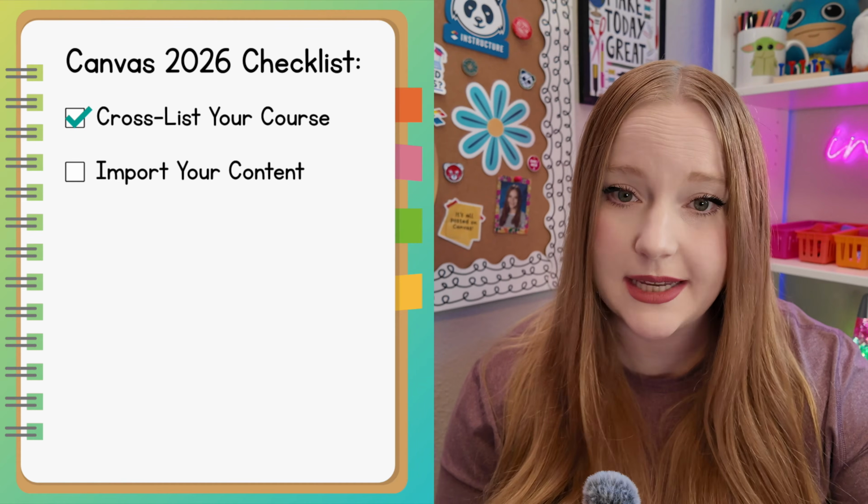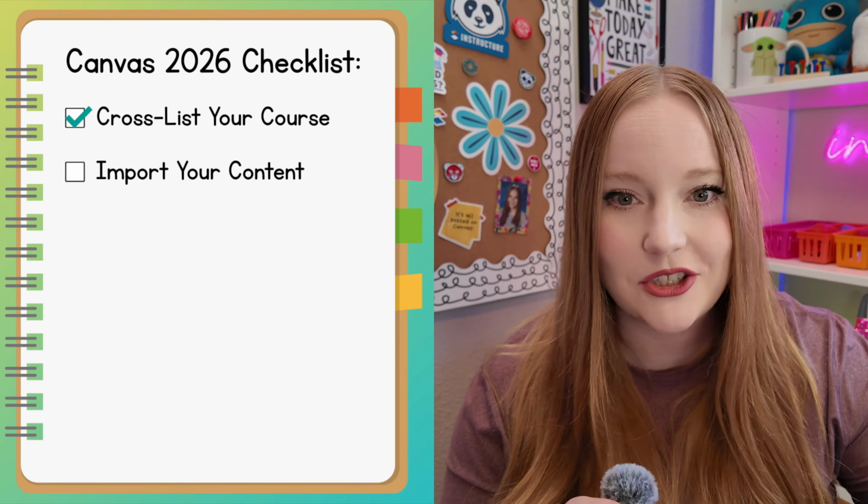All right, so next up we have importing content, which I briefly touched on with cross-listing. After cross-listing, or again, if you're an elementary teacher, this is really your first step: to import your content into your 2026 courses. Now, where are you going to import content from?